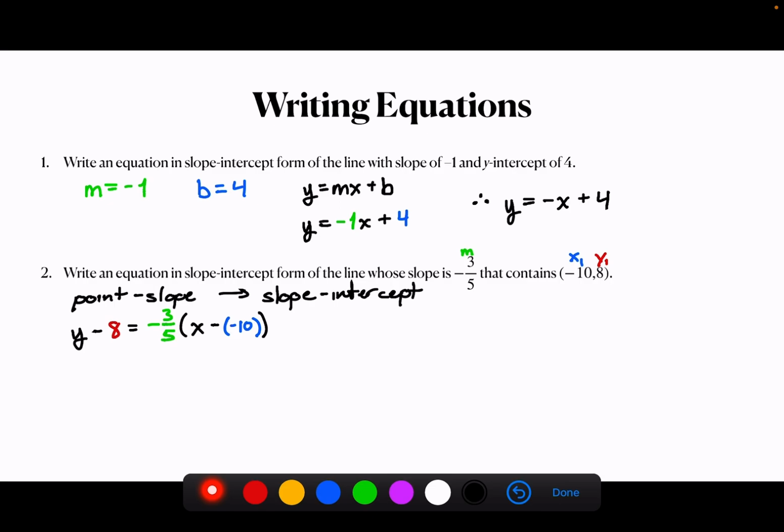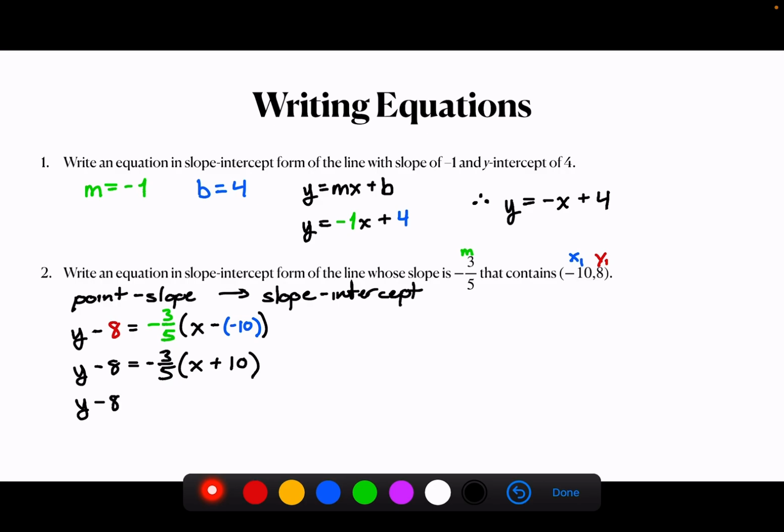So let's rewrite this. y minus 8 equals negative 3 over 5 multiplied by x plus 10. We're now going to distribute that fraction into the grouping. Okay, so we're going to say y minus 8.